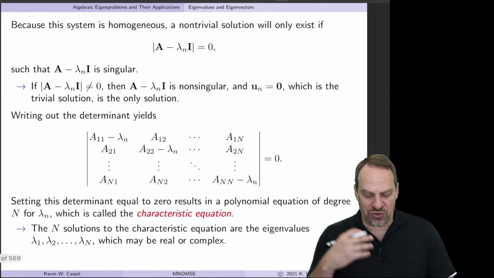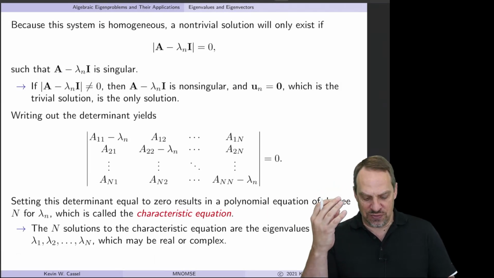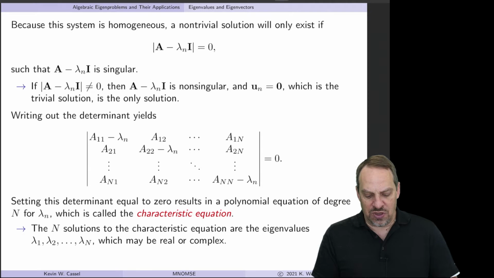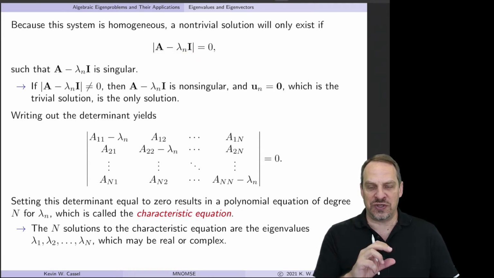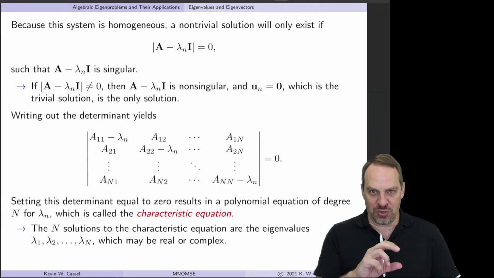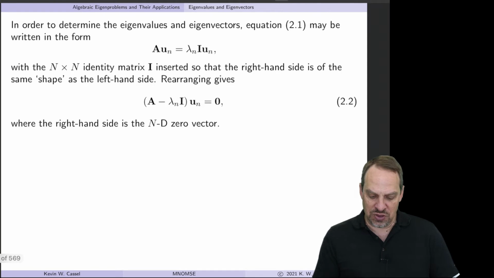All right, so let's walk through the logic of this. If the determinant of A minus lambda I, the coefficient matrix in the eigenproblem, was non-zero, then the matrix would be invertible, in which case we could write the solution, u is the inverse of A minus lambda I times 0.